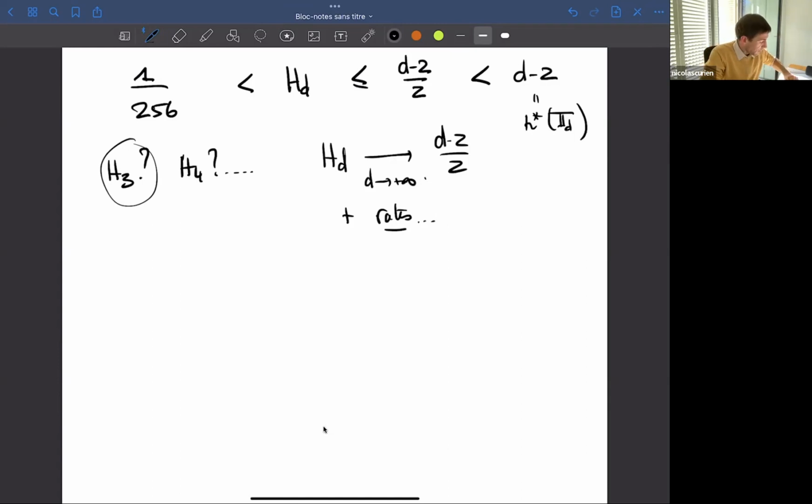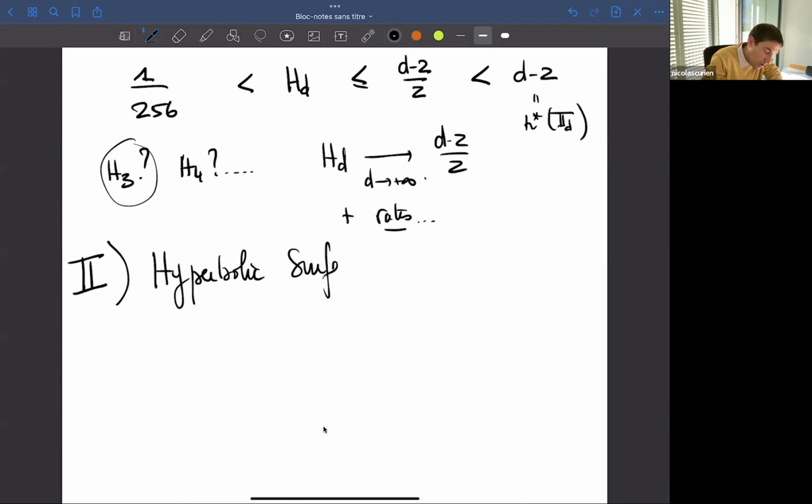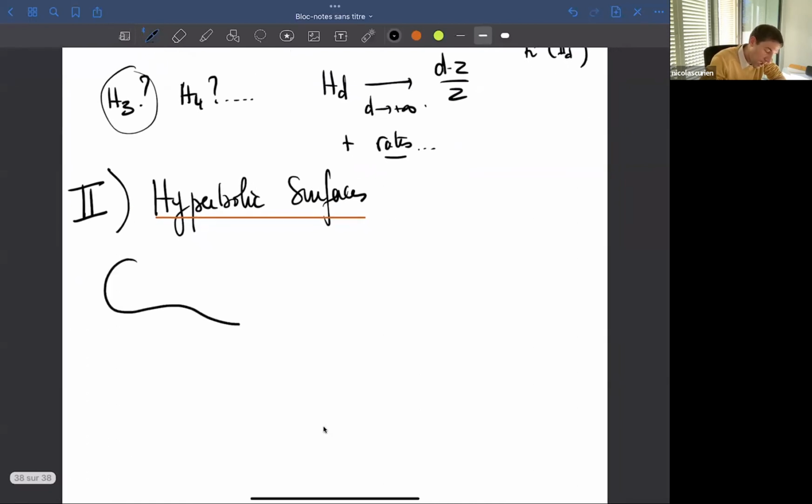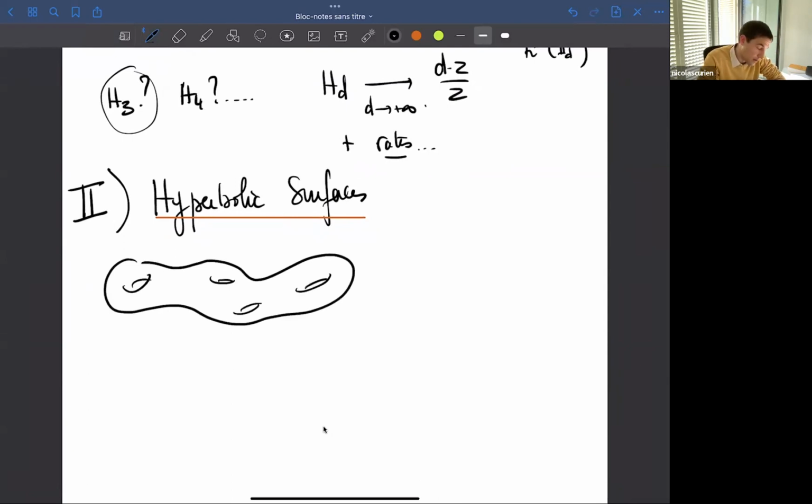Okay, so now let me tell you part 2. Let me tell you what we are after. We're after hyperbolic surfaces. So what are hyperbolic surfaces? Well, if you want the take-home message, everything works roughly the same as for graphs. A hyperbolic surface is a constant curvature Riemannian manifold.